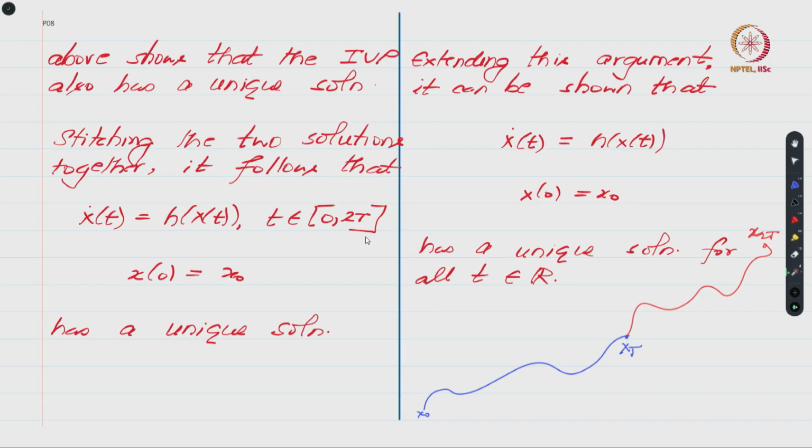We can repeat this process also in the negative direction for negative values of t, and I encourage you to do that on your own.